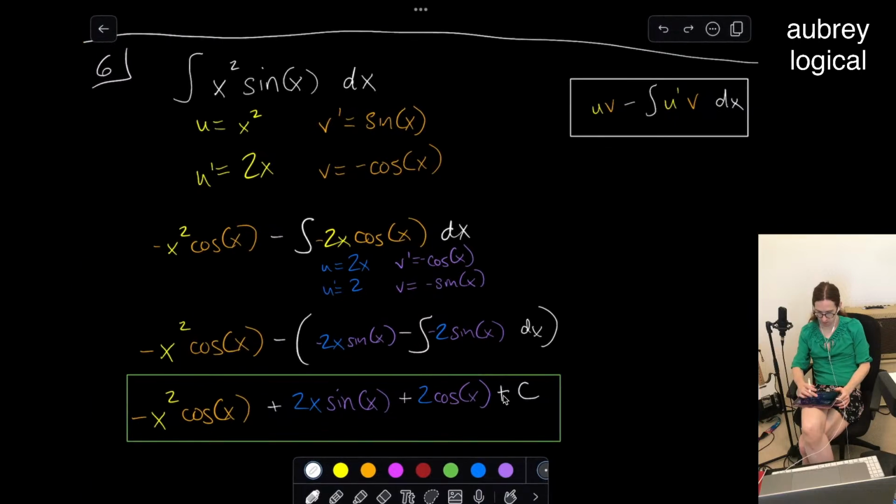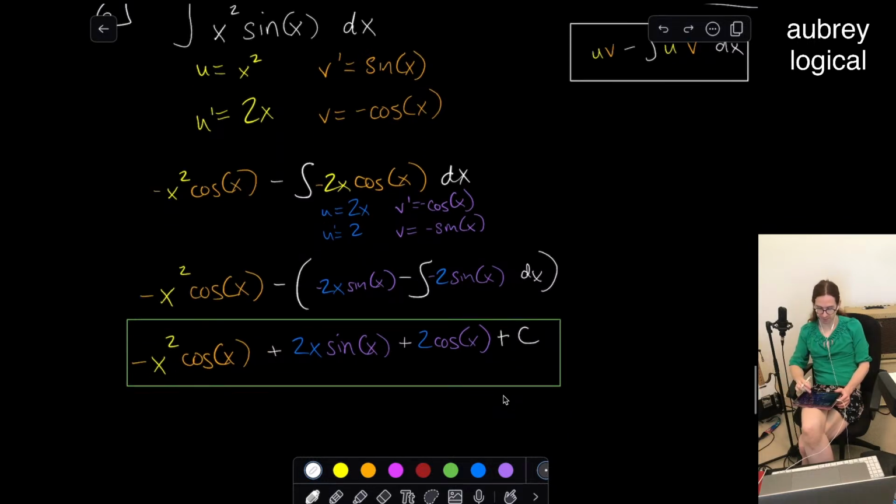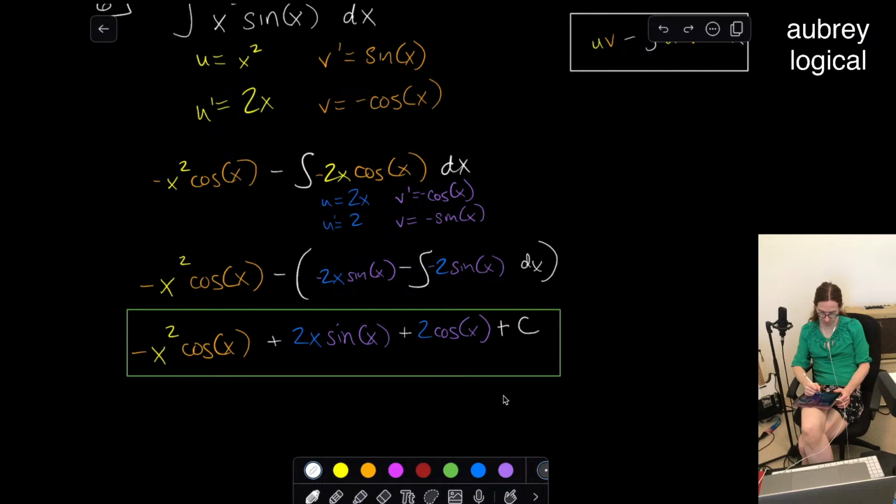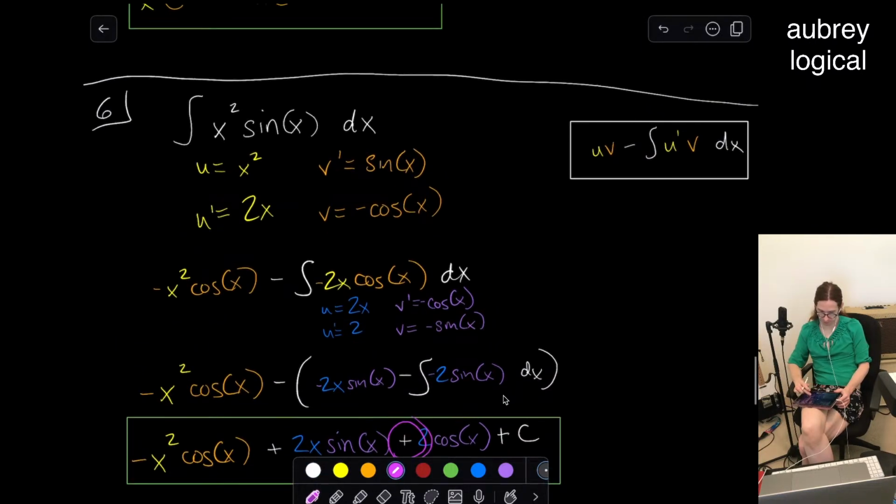Anyways, the antiderivative of sine changes the sign of the function. I don't know. I got questions about this one. Right here. Moving on.